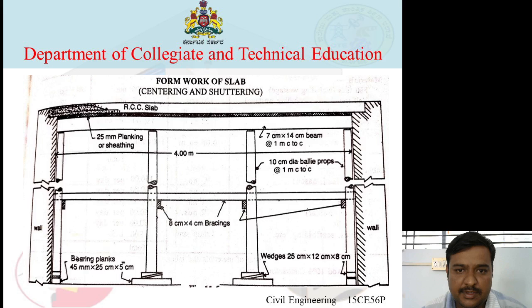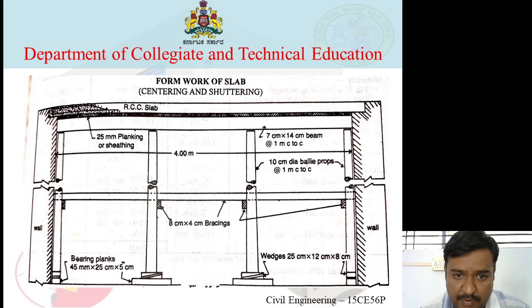You see, initially there is an RCC slab. Below that we have 25 planking or sheeting. Below that we have beam formwork. Below that, for beam form, we have the 10 centimeter diameter bally props. The room width is 4 meter.